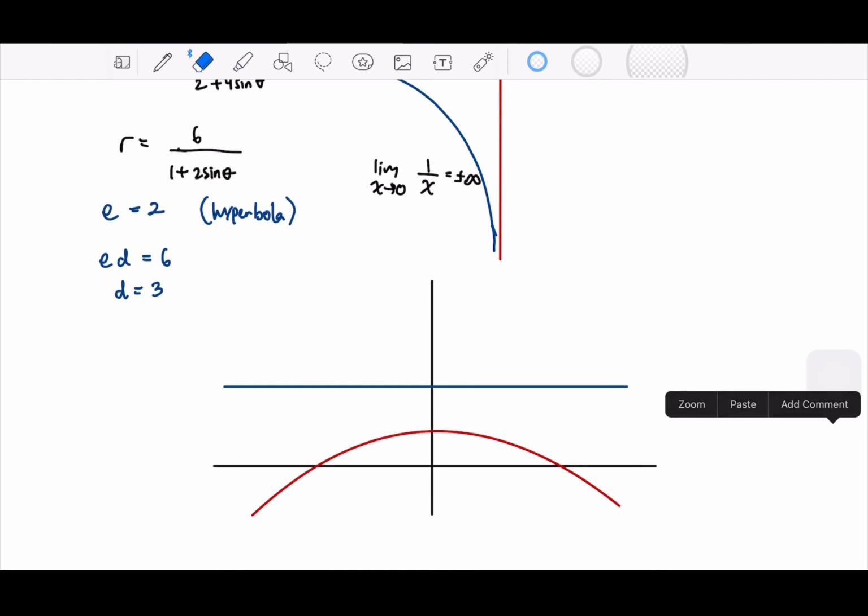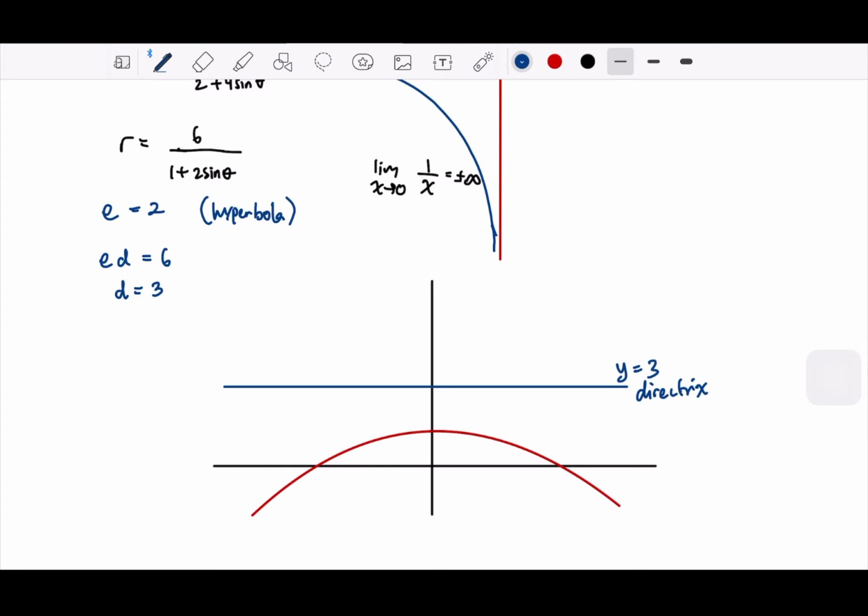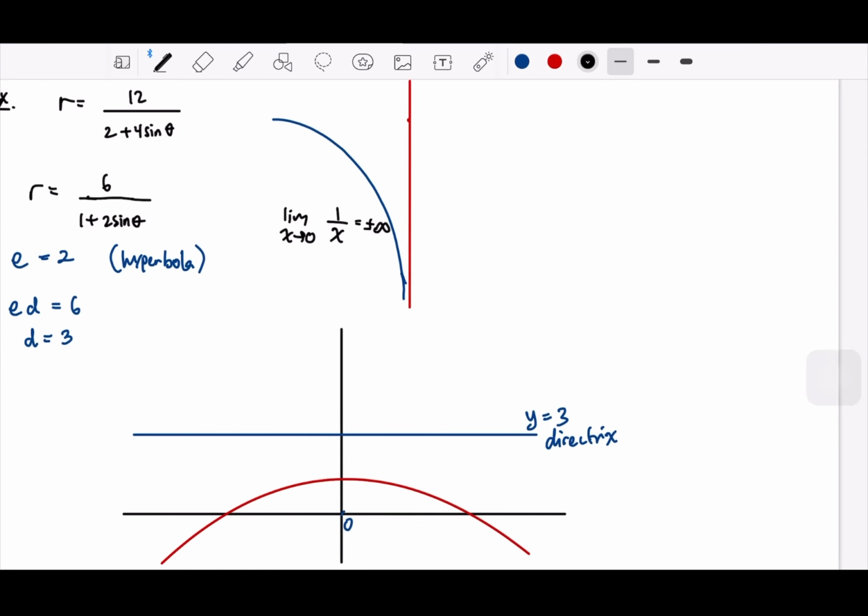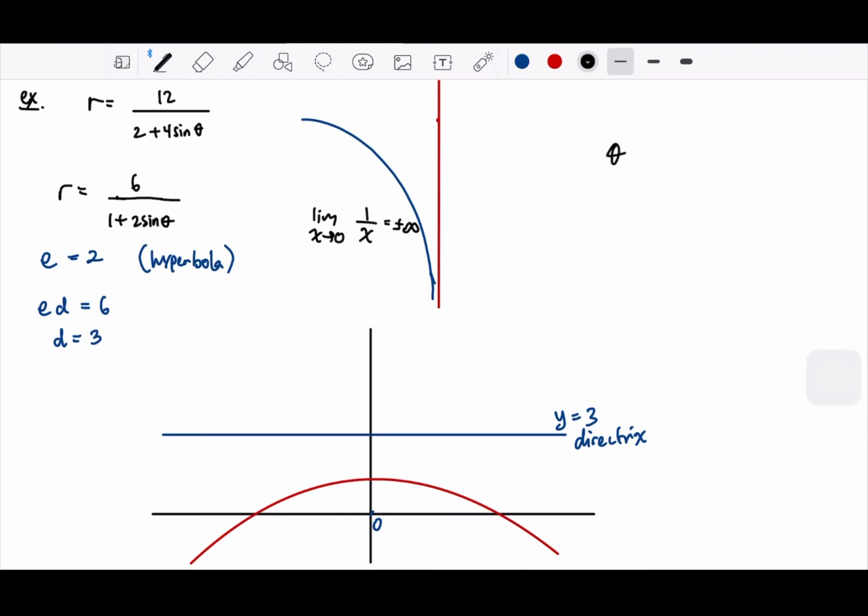So this will be y equals 3, the directrix. This will be 0. And now, to make sure that this is correct, we need a table of values of theta and r. We can have theta from 0, pi over 2, pi, and 3 over 2 pi, and we just plug into the equations.